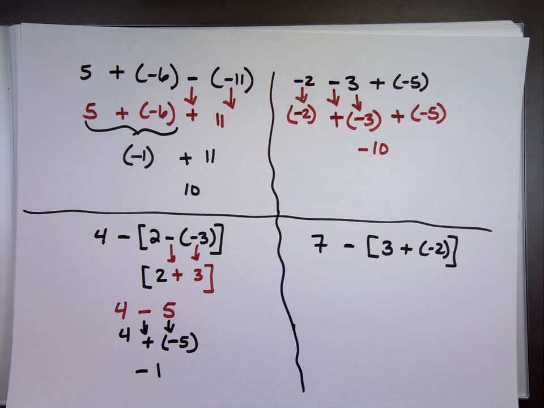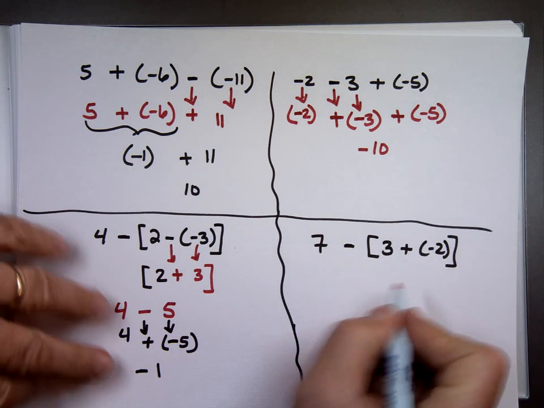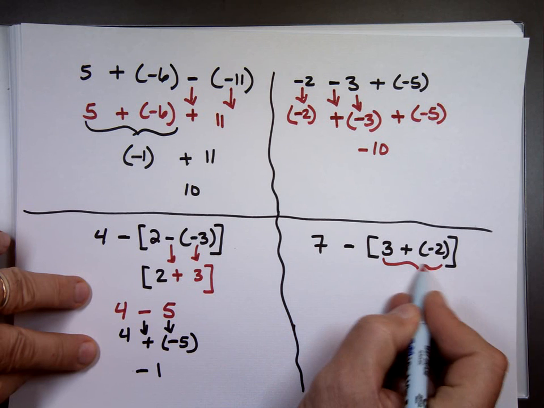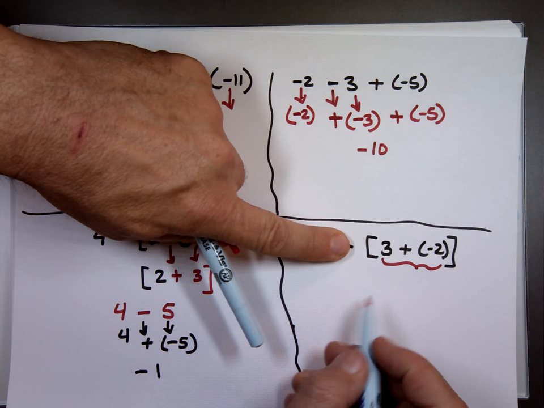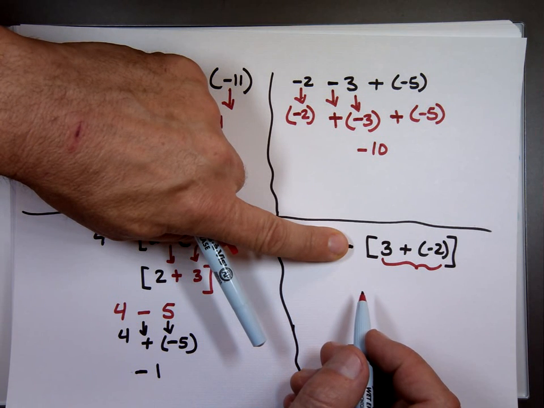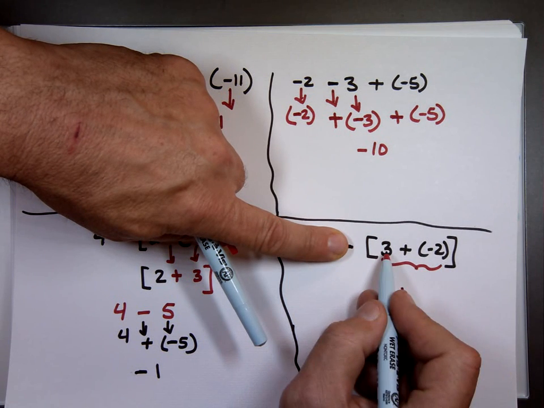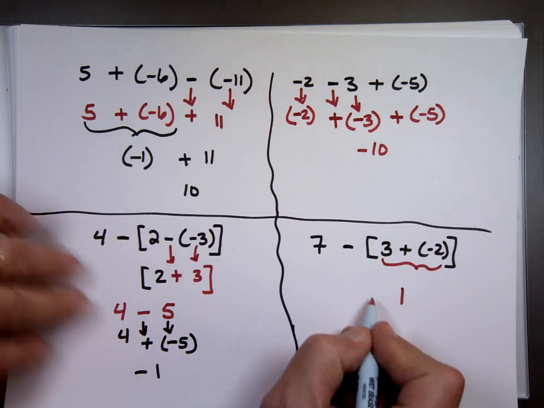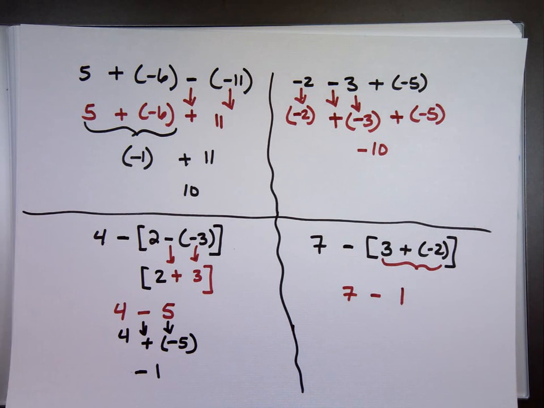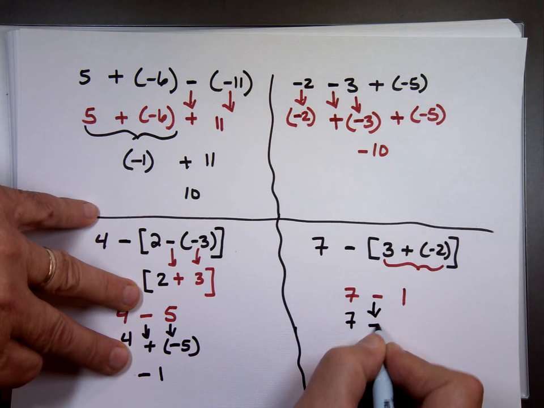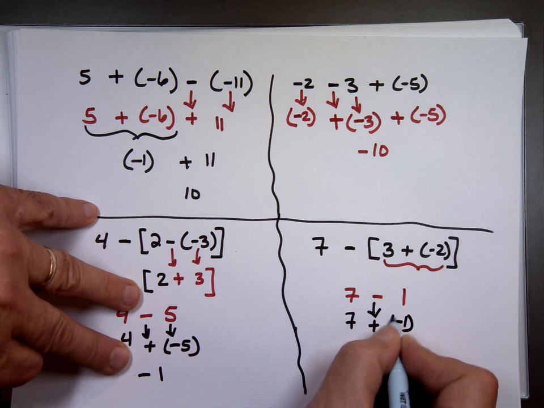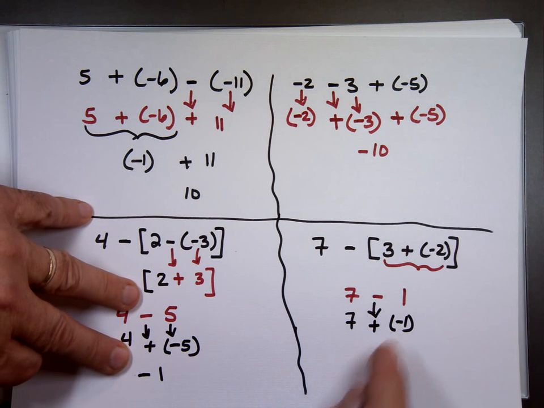What's 3 plus negative 2? What is that equal to? 1. Subtract the smaller from the larger, the sign of the larger. That's 1. Now that becomes the new problem. How do we subtract? Leave the first one, change it to addition, take the opposite of that number. 1 from 7, 6.